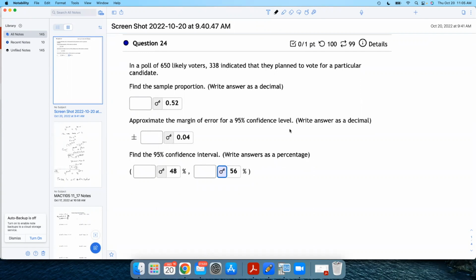First thing we want to do is figure out what we're calling success and what we're calling our population. Let me write those in the other order. Population and success. So we're told here, in a poll of voters, this many planned to vote for this guy. So my population is a group, not a number, is voters, technically likely voters.